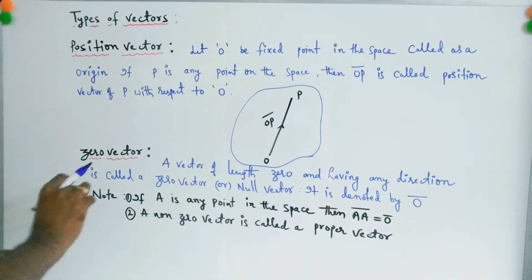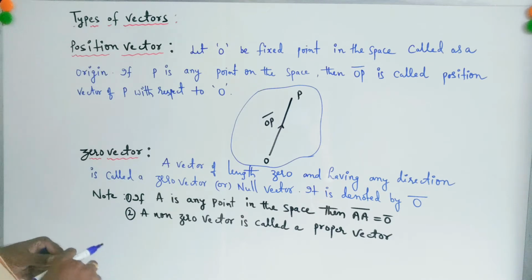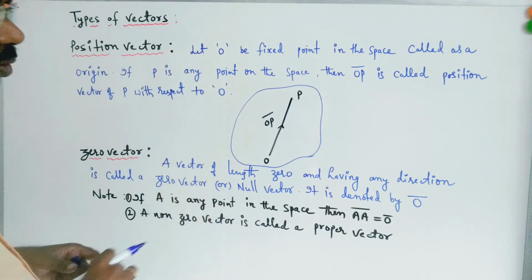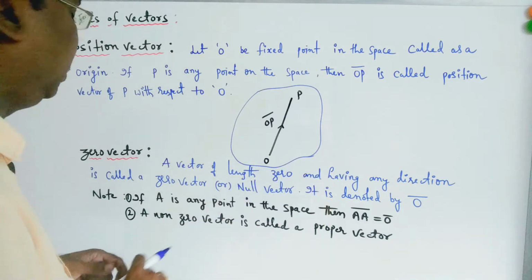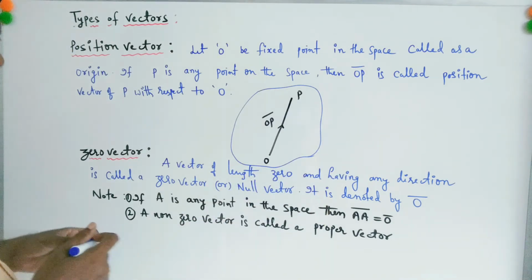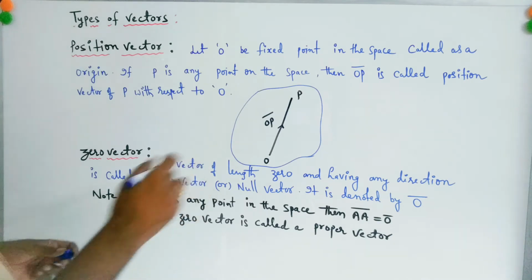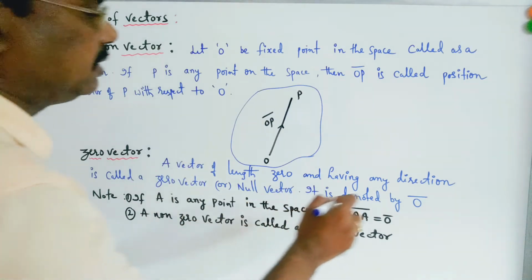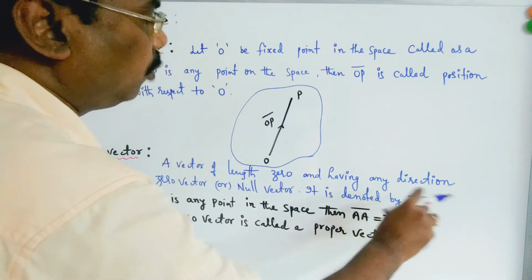Next one, zero vector. What is a zero vector? A vector of length 0 and having any direction is called a zero vector or null vector. It is denoted by 0 bar.